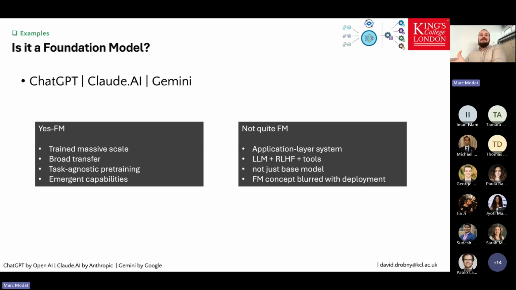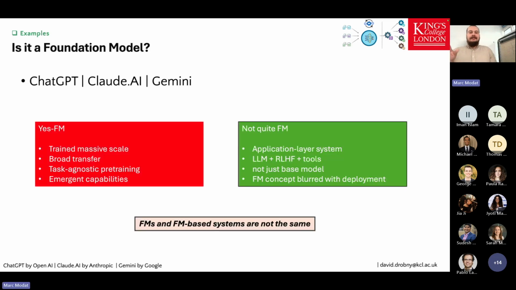ChatGPT uses models like GPT-5 or whatsoever. And really, when you want to be pedantic, I guess you need to draw the line and make a difference between what is an application, what is a software tool, and what is the foundational model that might be underlying. It's a bit more striking with Claude.